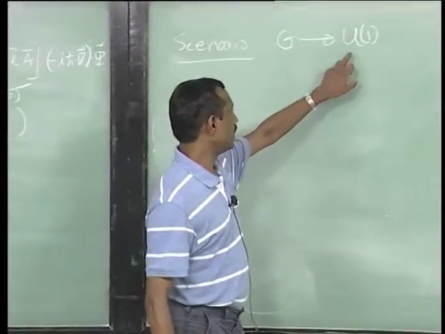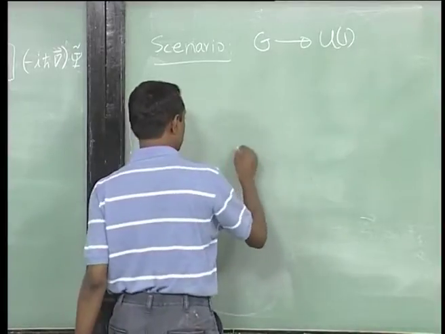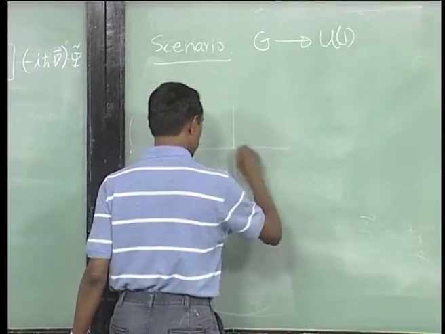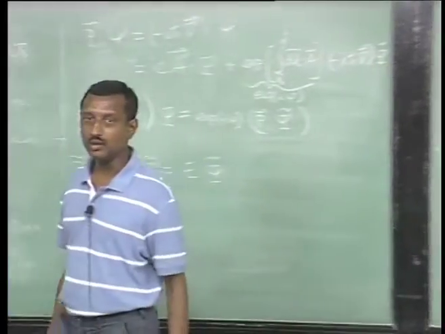Okay. So now the issue we had was, let me just draw again. The issue we had was really at the origin where there is a pole.